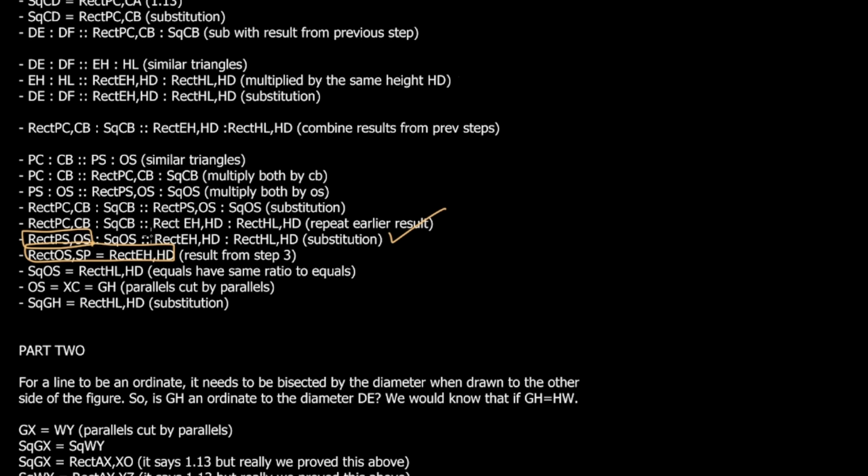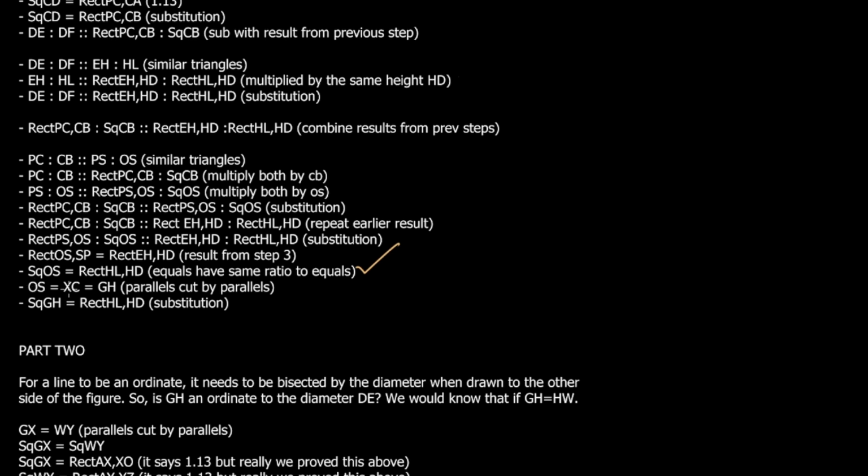And rectangle EH, HD is written the same and it's here. So equal thing is to something as equal thing is to something. So if they have the same ratio, then you would expect that square OS and rectangle HL, HD would be equal to one another. In fact, they have to be. So we write that down because equals have the same ratio to equals.